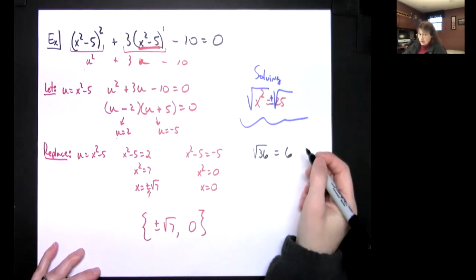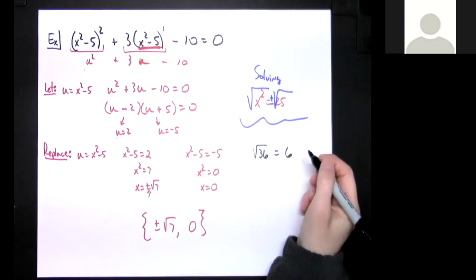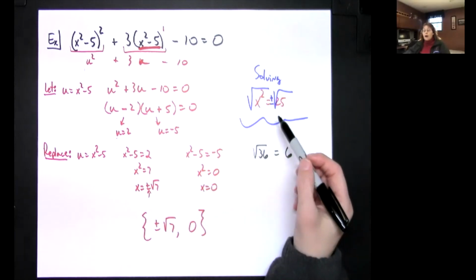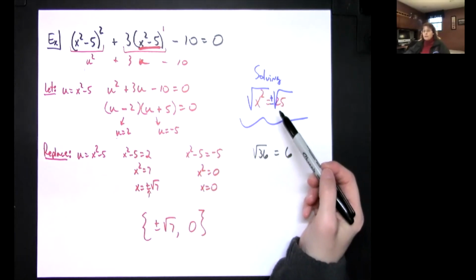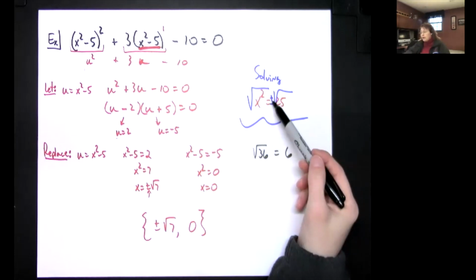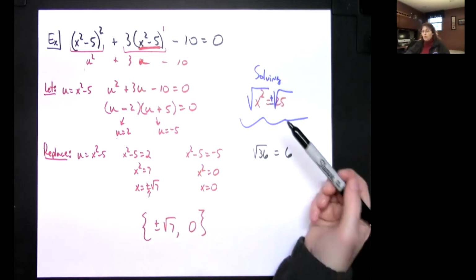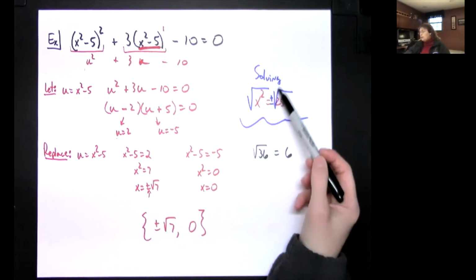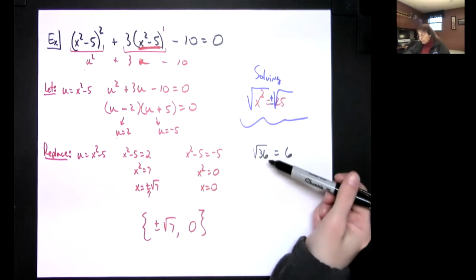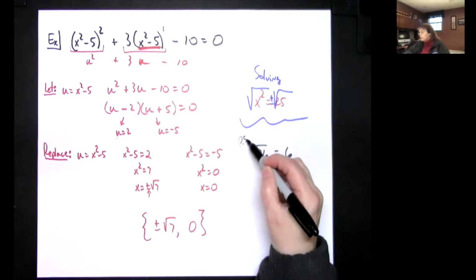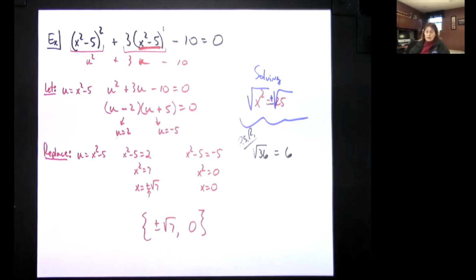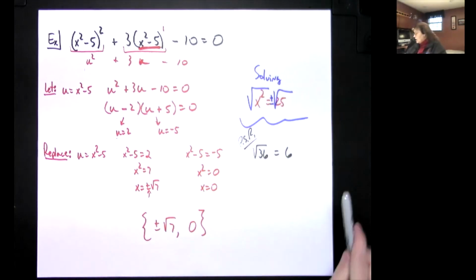Does that help? Yeah, thank you. I know why you asked, because people miss that all the time. They either put the plus or minus when it's not needed, or they forget to put it when it is. But it's in the solving. And if it was asking for the principal square root, it'd just be 6.